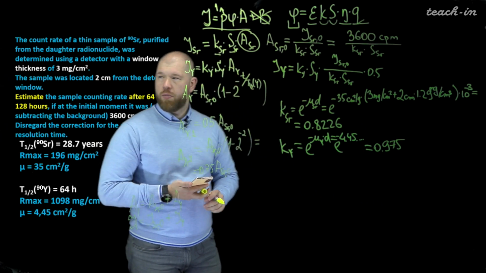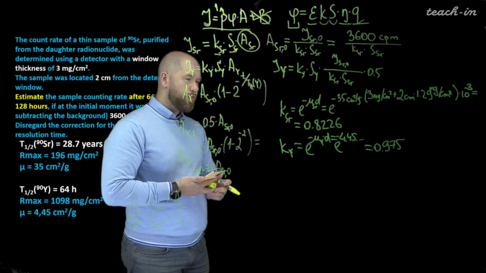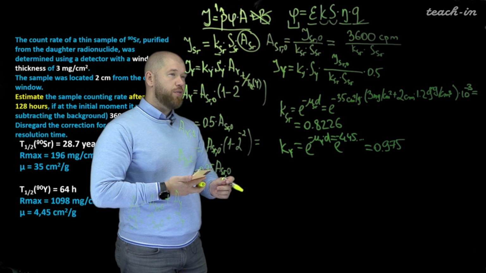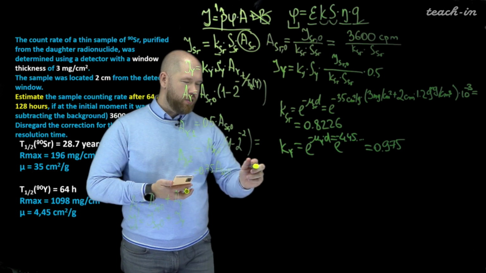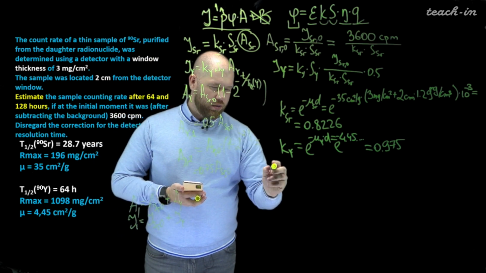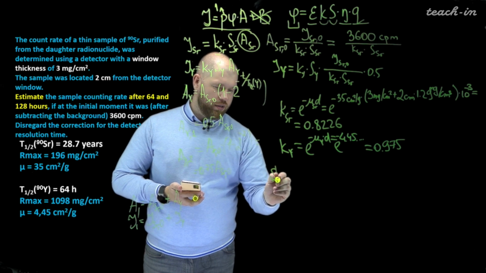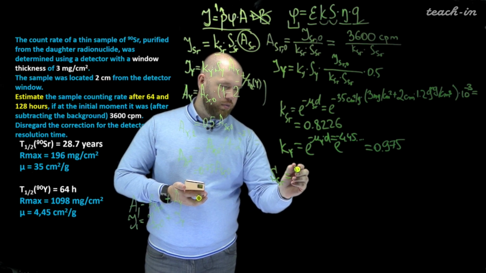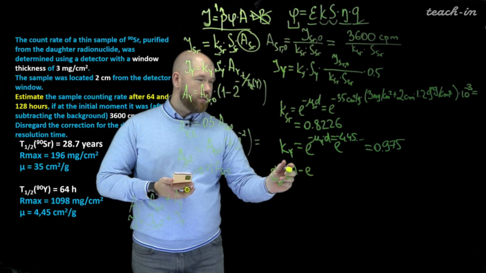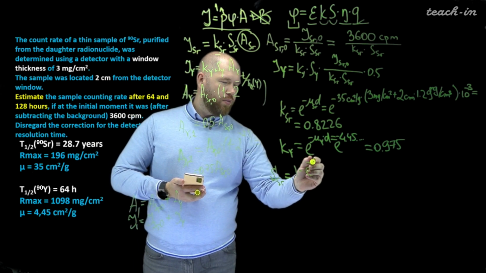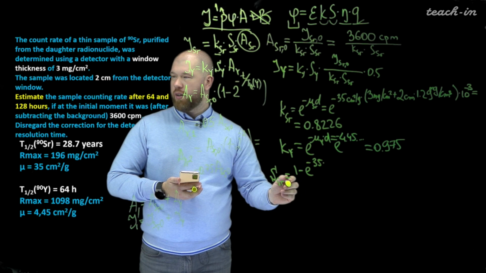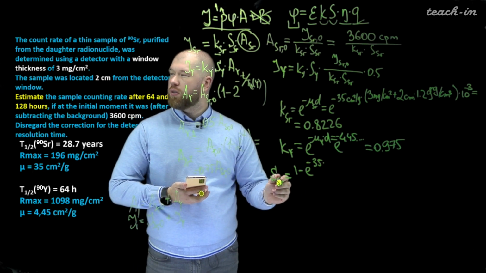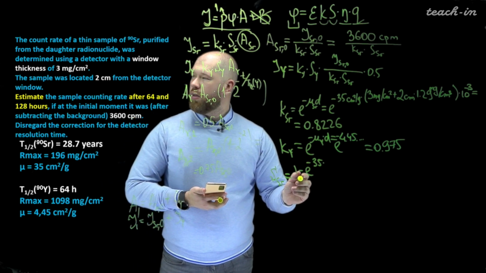Okay, we got these numbers. And now we have to calculate the self-attenuation coefficient. Okay, I will write it shortly. So it will be 1 minus 35 multiplied by the thickness of the sample.